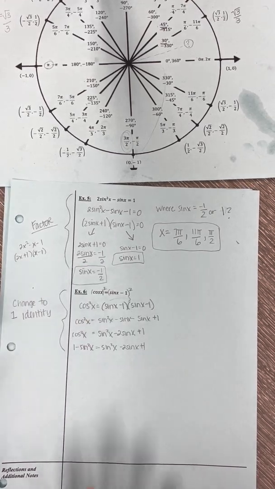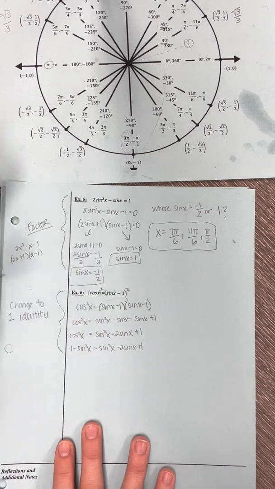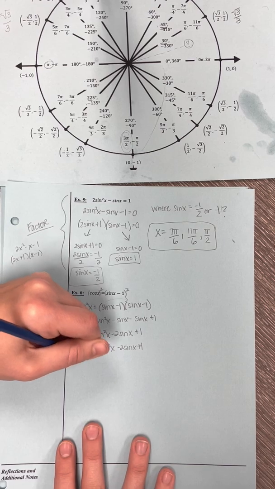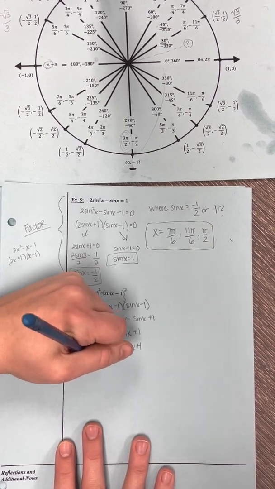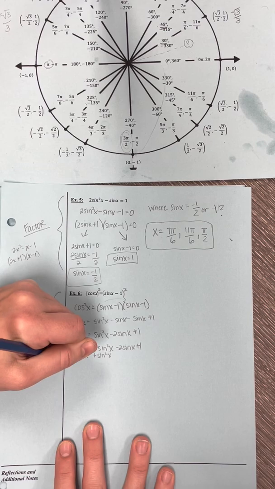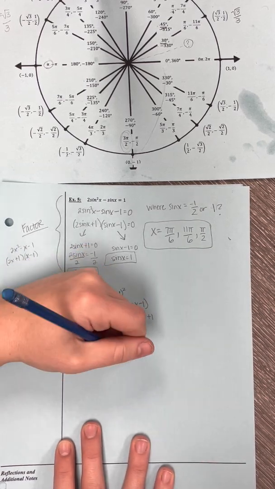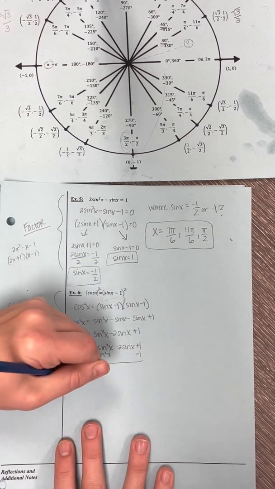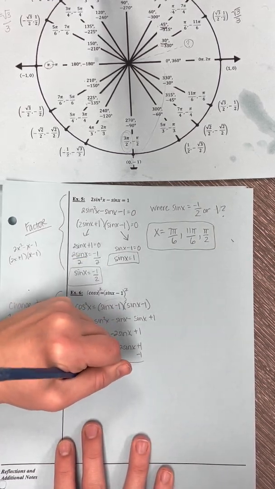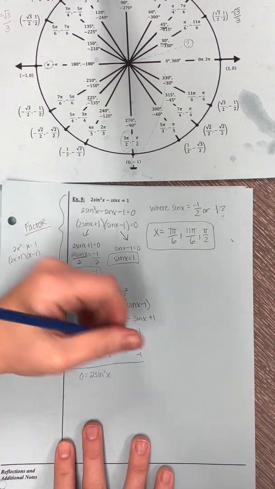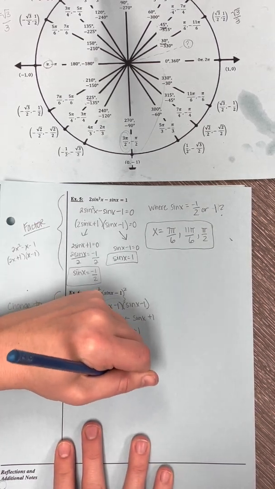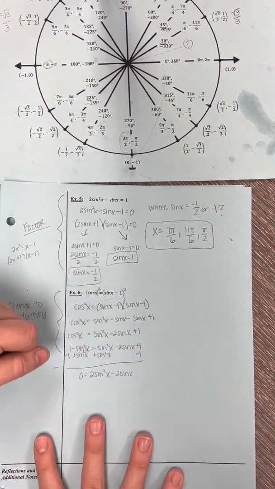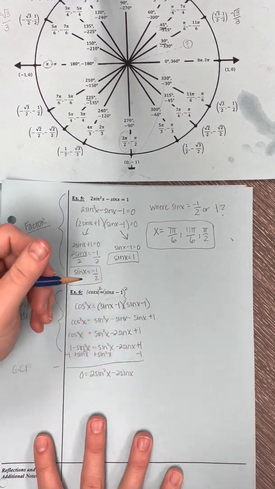So we have 1 minus sine squared x is equal to sine squared x minus 2 sine x plus 1. And we're going to be able to get rid of some things here. So let's move everything to one side, set it equal to 0. Add sine squared x plus sine squared x minus 1 minus 1. So we have 0 is equal to 2 sine squared x minus 2 sine x, and that's it. And now we can do our greatest common factor.